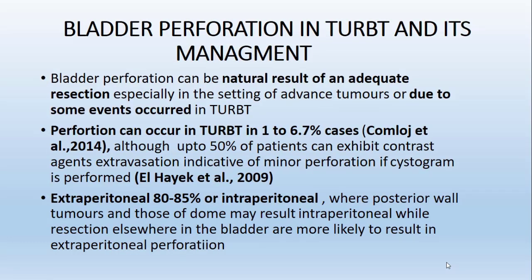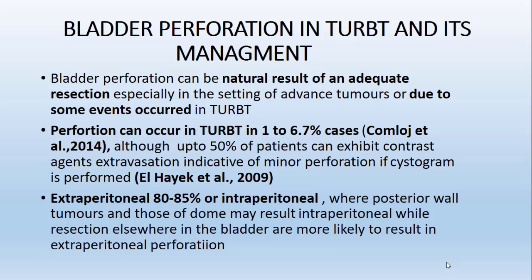Here we will only discuss bladder perforation in TURBT. Bladder perforation can be natural as a result of inadequate resection, or it may be due to some event occurring in TURBT. Perforation can occur in TURBT in 1 to 6.7% of cases in published studies, although 50% of patients can exhibit contrast agent extravasation on cystogram after TURBT.